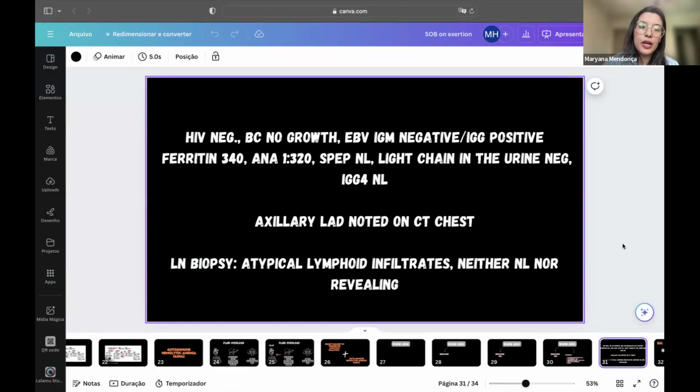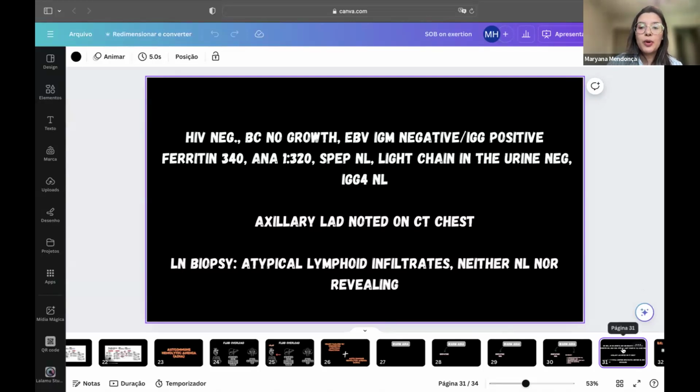But we also saw that CT chest showed axillary lymphadenopathy, but the biopsy was not revealing. So at this point, treatment was started with glucocorticoids to treat the autoimmune hemolytic anemia and also diuretics for the heart failure, and the patient really got better with the treatment.